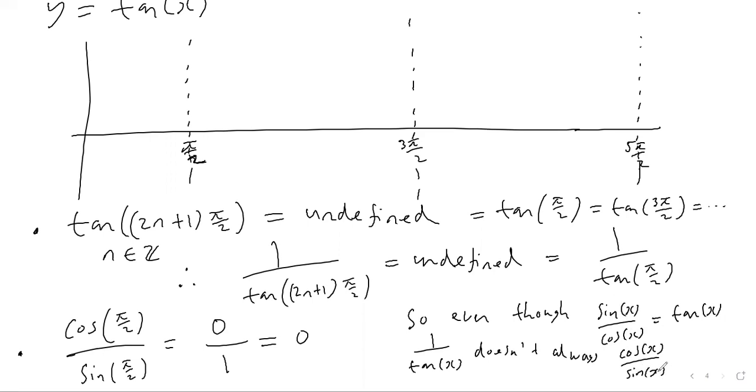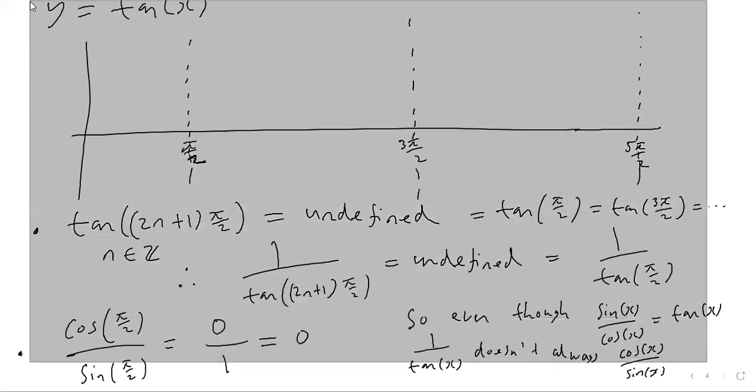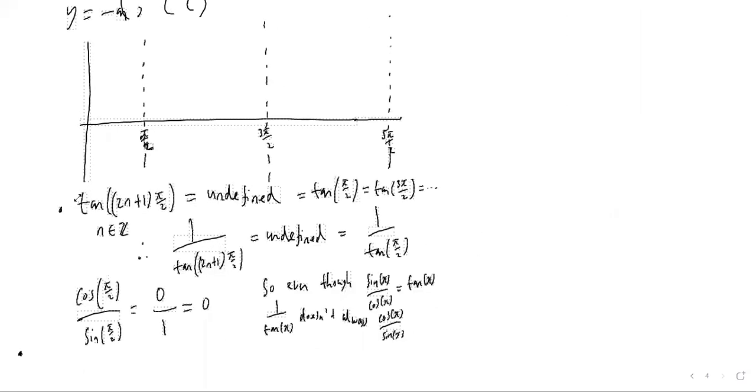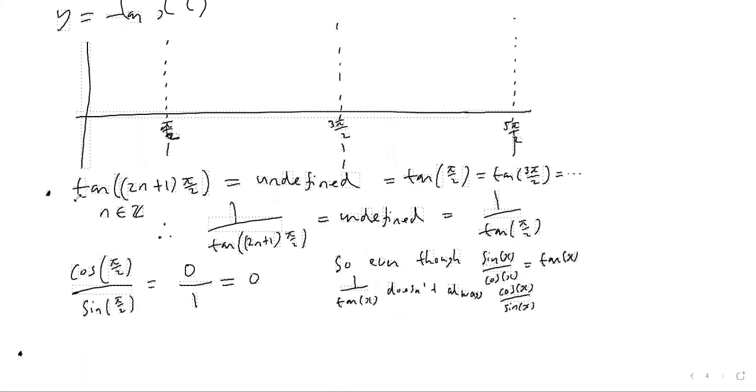We just showed that here. When you substitute these odd multiples of pi over 2 into cos over sin and into 1 over tan, you get an undefined 1 over tan, but you get 0 for cos over sin. So actually these functions are not exactly the same thing. Apart from those odd multiples of pi over 2, these functions are the same.